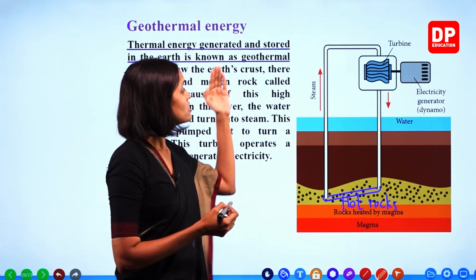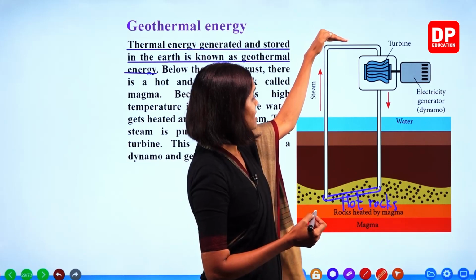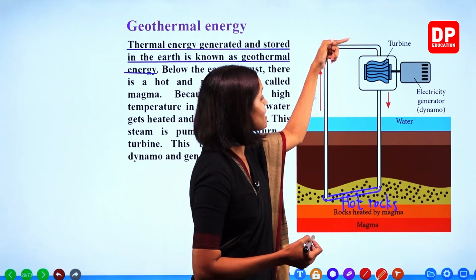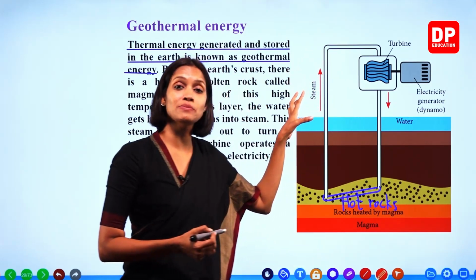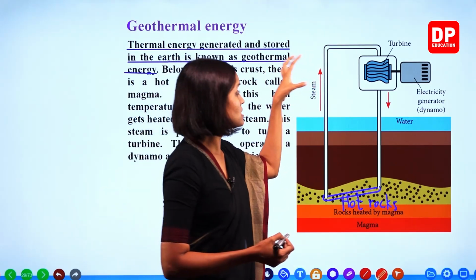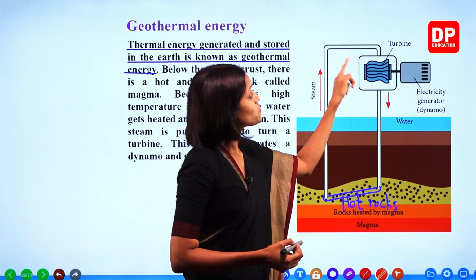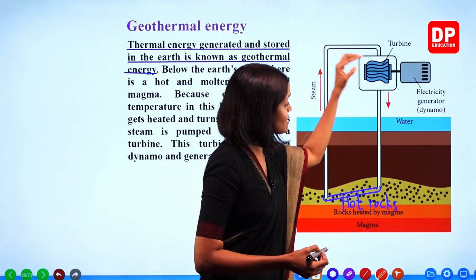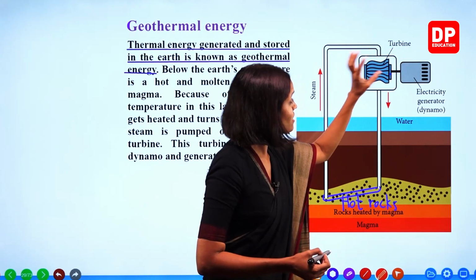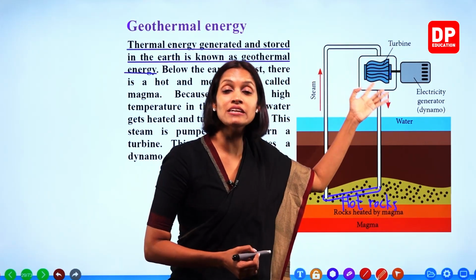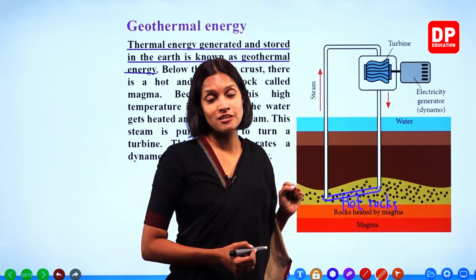Right, children? So this steam can be sent through a steam turbine. A turbine can be rotated because the steam is at high pressure. Using that high pressure, we can rotate a turbine. As the axis of the turbine is connected to a dynamo, when the dynamo rotates, what happens, children? Electricity is generated.